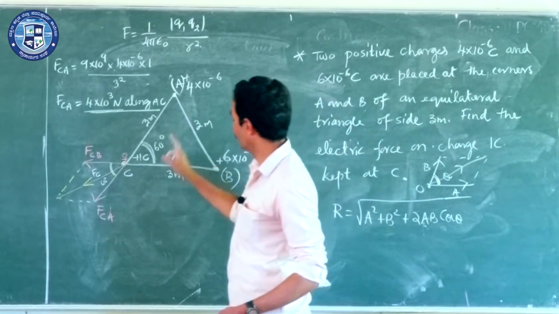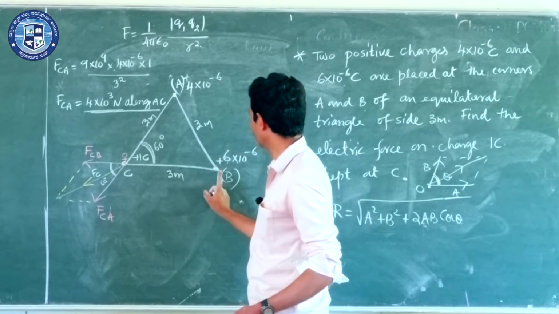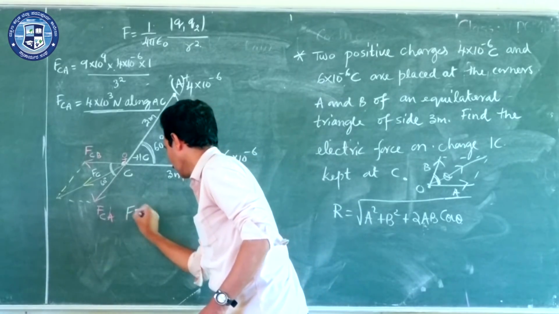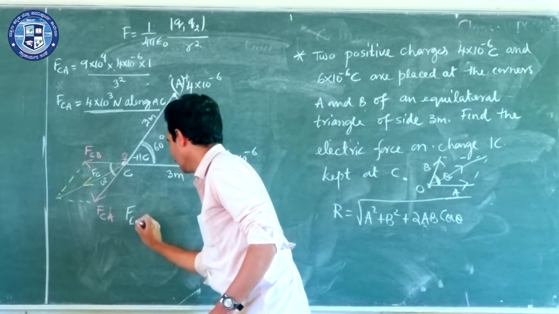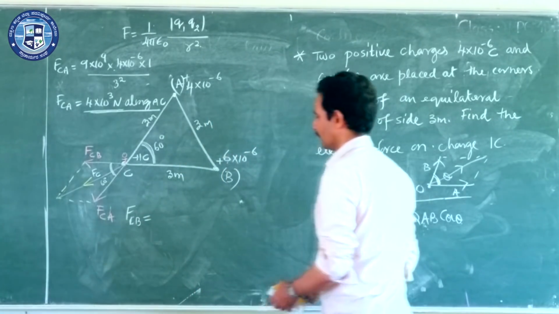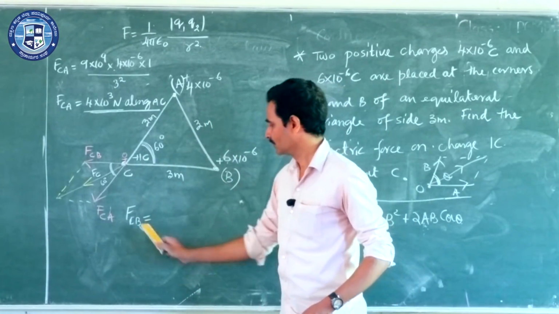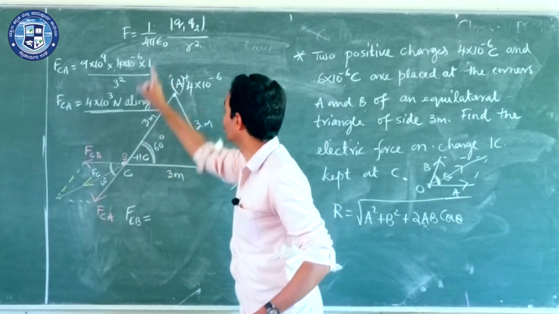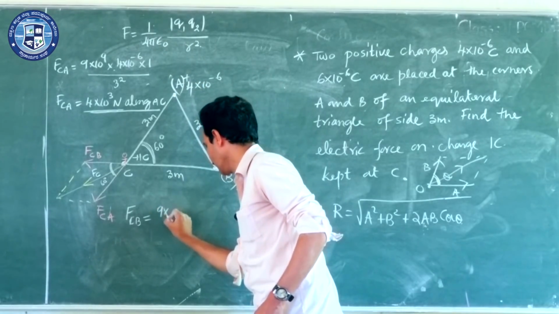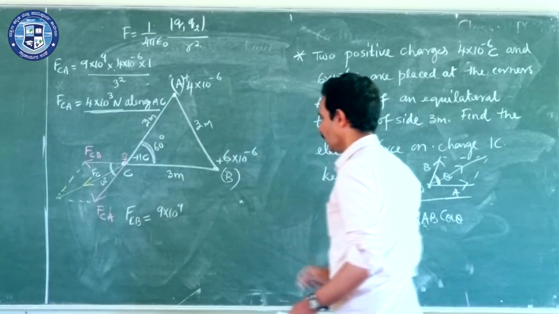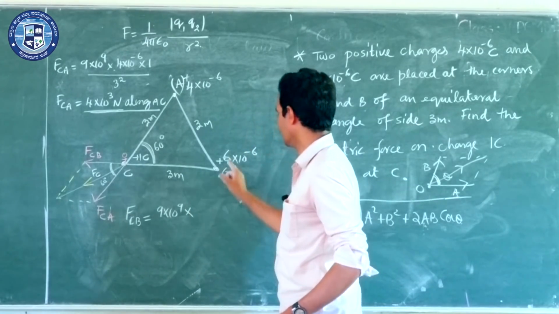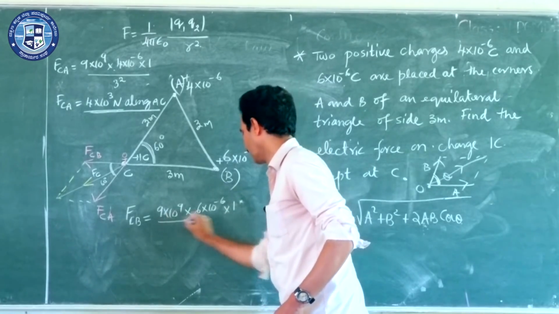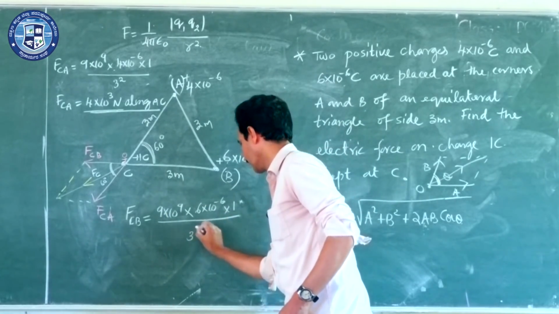Okay, so now the force on 1 coulomb due to B. Force on C due to B is equal to the force exerted by B on C. So FCB is this one in this direction. 1 by 4 pi epsilon naught once again, and you know this answer, 9 into 10 to the power 9, Q1 that is 6 microcoulomb, Q2 1 coulomb, divided by distance square, 3 square.